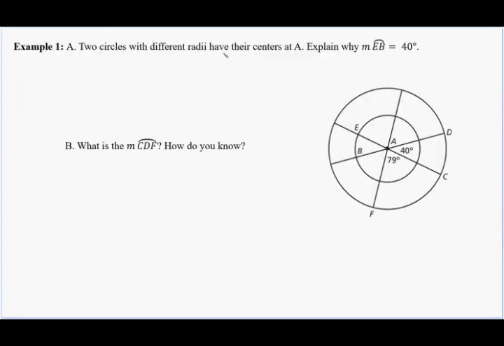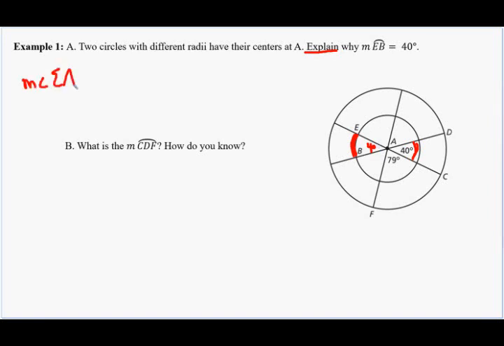Example 1, 2 circles with different radii have centers at A. Explain why the measure of arc EB is 40. So I'm going to hit this here in red. We want to show that that is equal to 40 degrees, and explain why. Well, if we look here, angle DAC is 40 degrees, and DAC would be vertical with angle EAB.